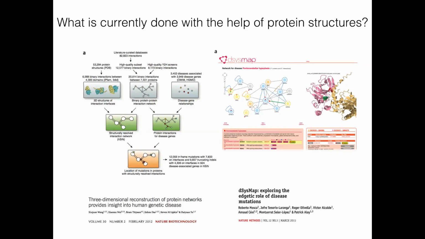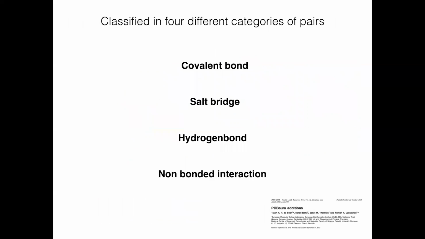But I would like to narrow in now on some of the things that are not so much available in the existing literature as far as I know. One simple thing, going a little bit back to the start: when we have interactions between atoms, between proteins in particular, we have these 4 different types of pairs.